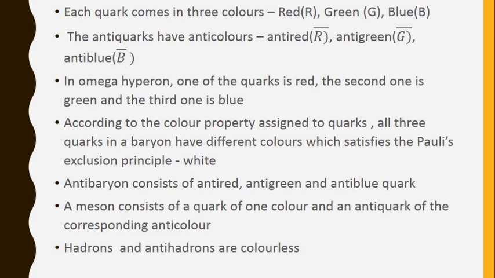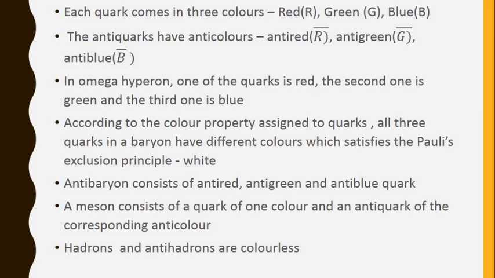And we know that red, blue and green when joined together will become white, isn't it? So we considered the omega hyperon, which is a baryon that consists of three s quarks. The color of the first quark will be red, the second one green and the third one blue. So baryons are white in color, or we can say colorless.